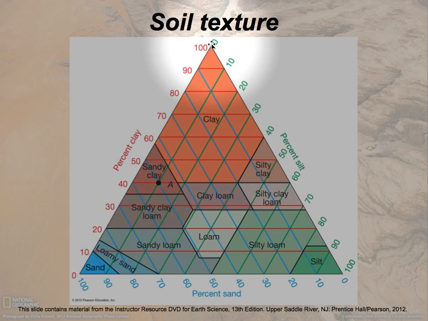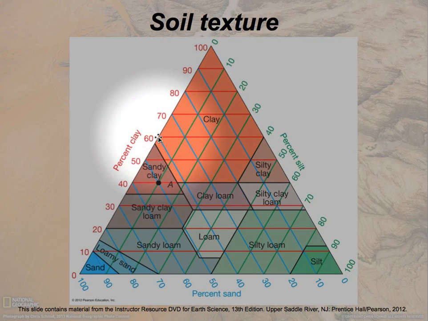So if something were, say, 60% clay and 40% silt, it would fall along this line right here. 40% silt, 60% clay.